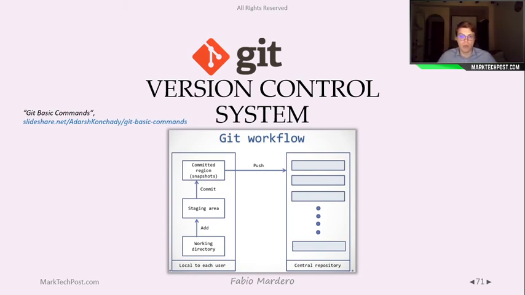But if we work with a central repository that could be in the cloud, we have to take another step, the push step. We push the snapshots, the commits that are on our local machine, to the cloud.